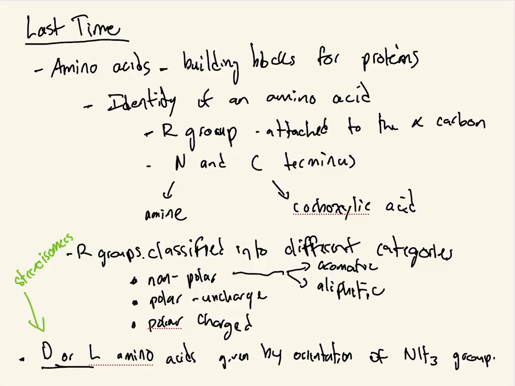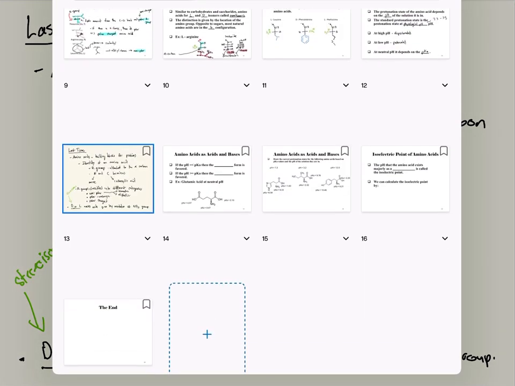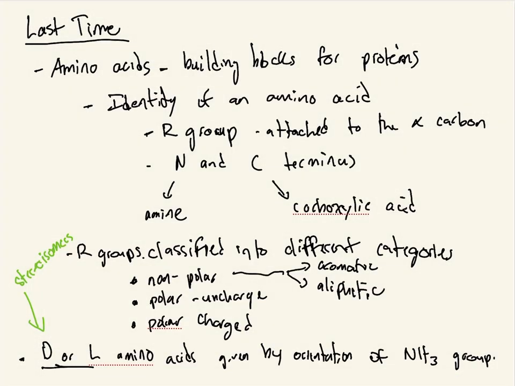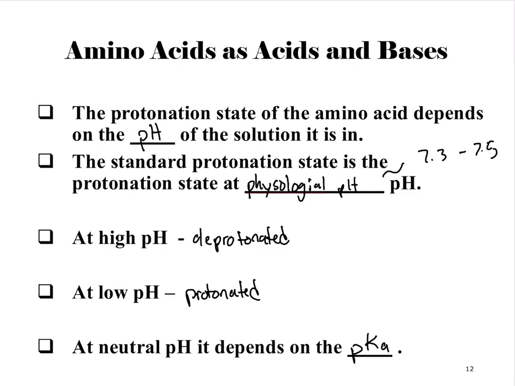All right. Let's see, what else did we talk about last time? Is that where we kind of ended off? Then we started talking about how pH affects the different protonation states of amino acids. Right, so the last slide that we left off with was that the protonation state depends on the pH of the solution.